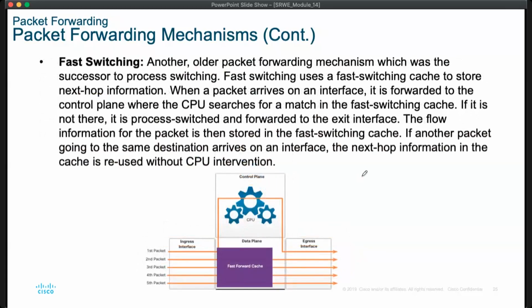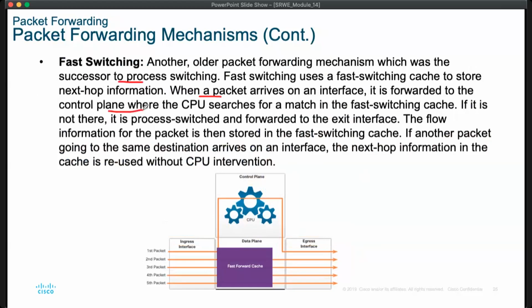Fast switching, another older packet forwarding mechanism, was the successor to process switching. Fast switching uses a fast switching cache to store next hop information. When a packet arrives on an interface, it is forwarded to the control plane where the CPU searches for a match in the fast switching cache.